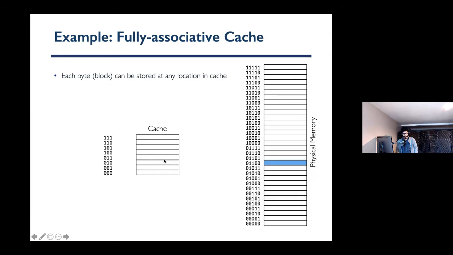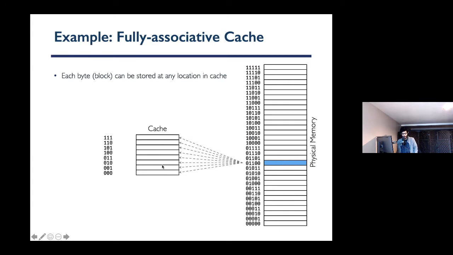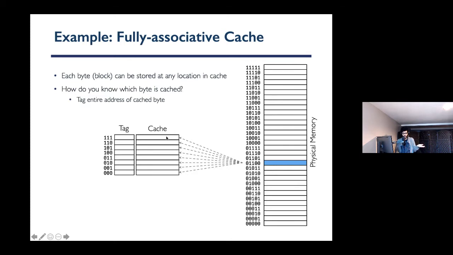As a result, if I want to cache this block, I have to check all my cache locations because it could be in any of those. So how do I really know if I have cached this particular memory block?